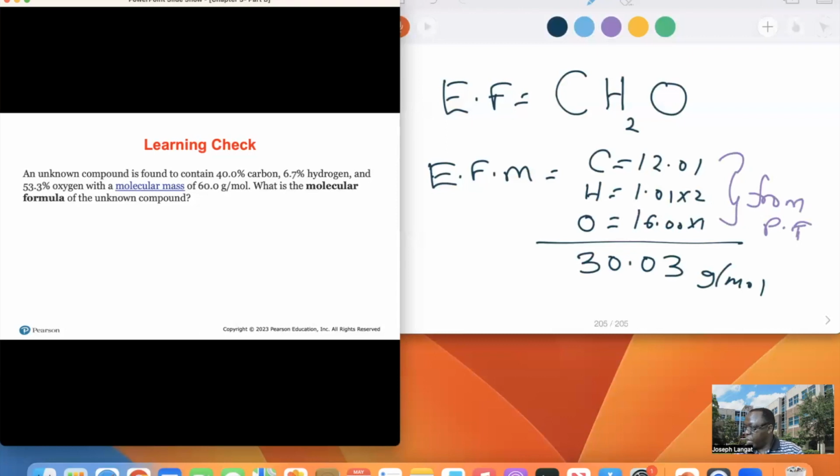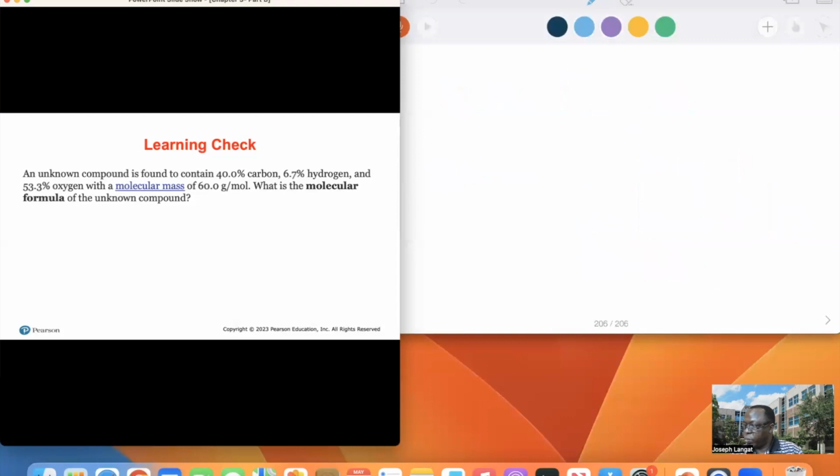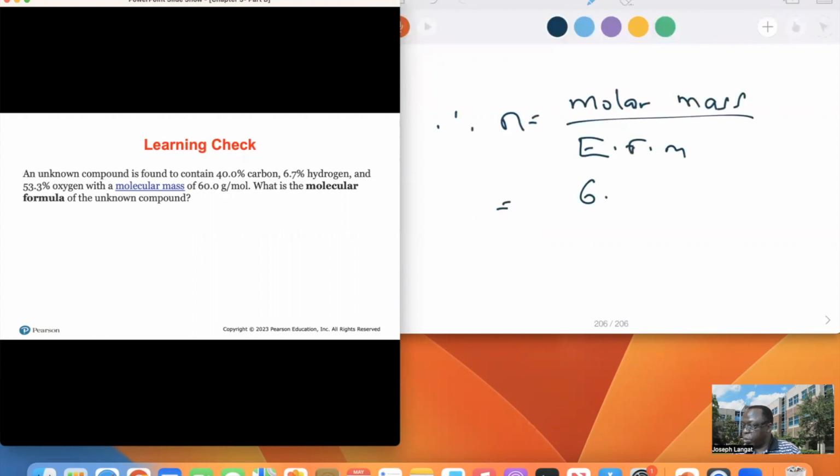And what I do here is n equals the molar mass over the empirical formula mass. The molar mass is 60.0 grams per mole. It's given here. See this?